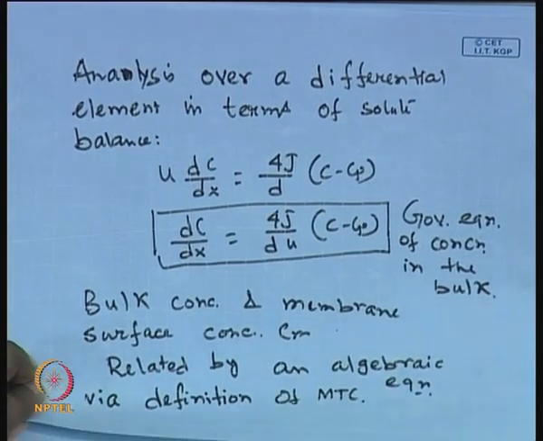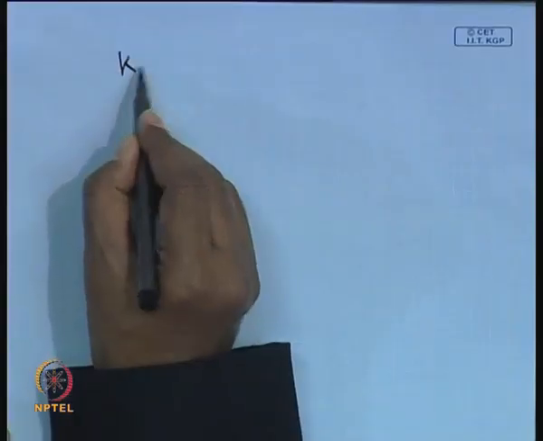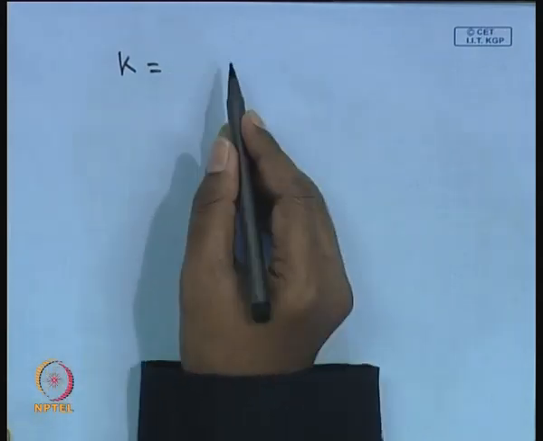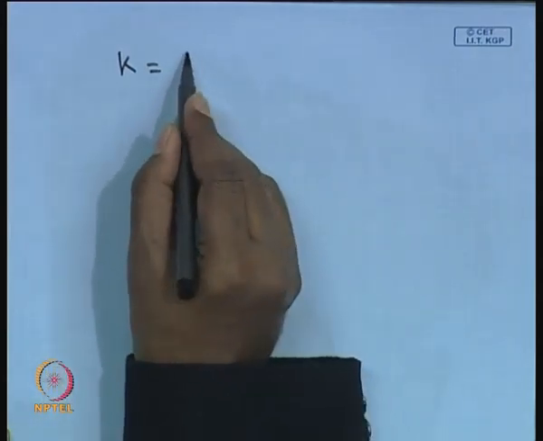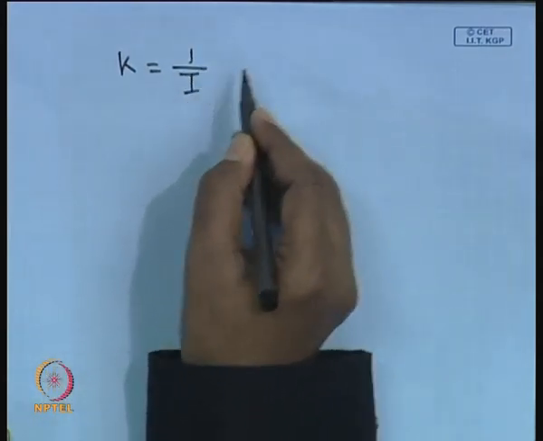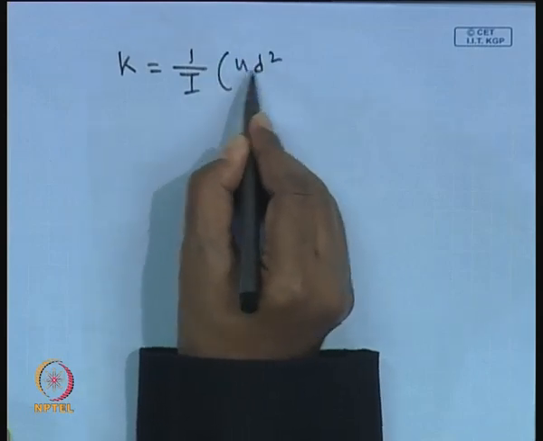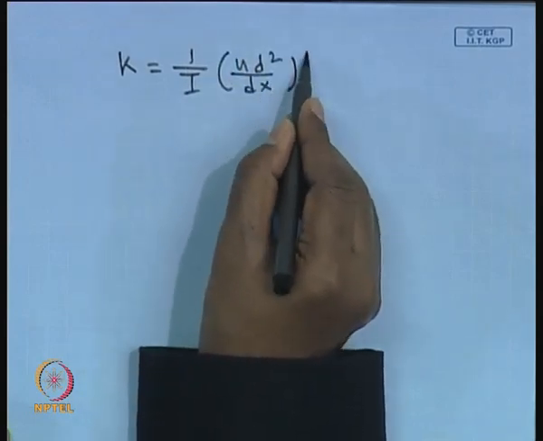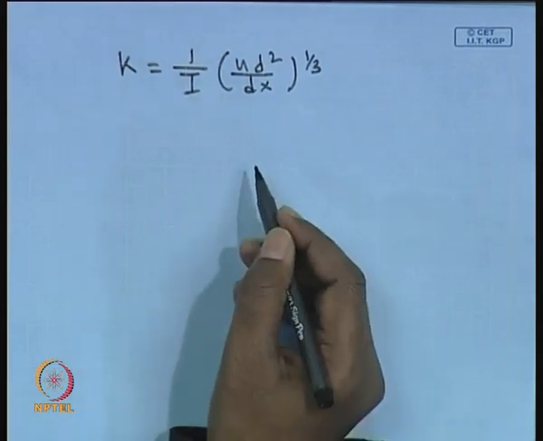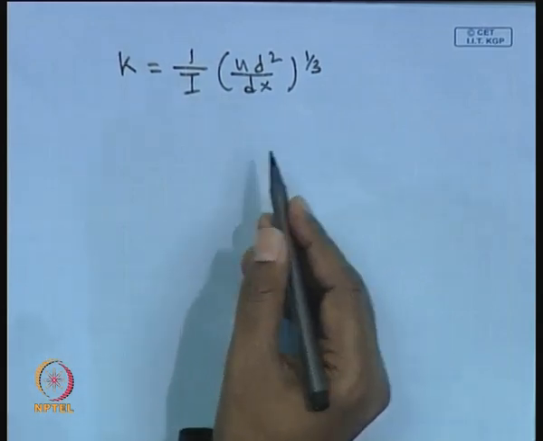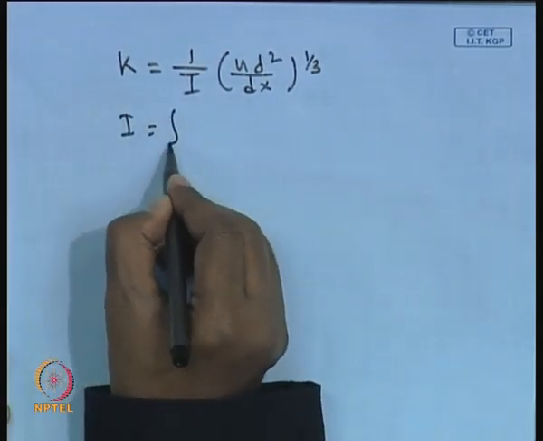Now, in that expression, you will have the mass transfer coefficient K, and the mass transfer coefficient K for a laminar flow regime becomes 1 over I times u d square by dx raised to the power 1 upon 3, where the integral I is a definite integral.